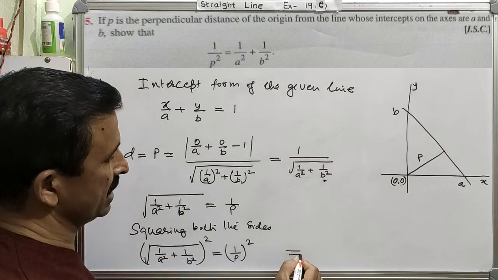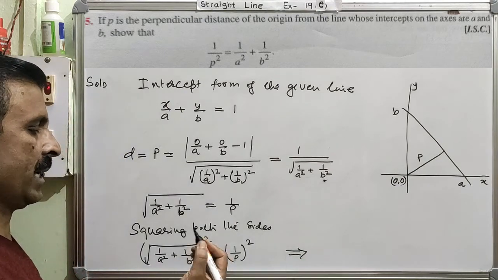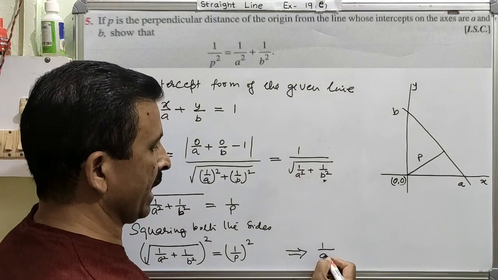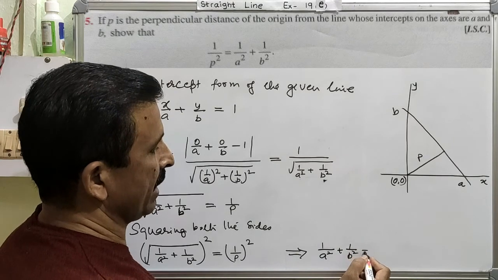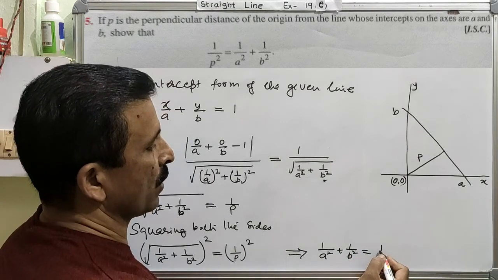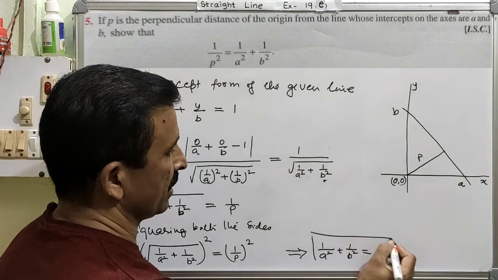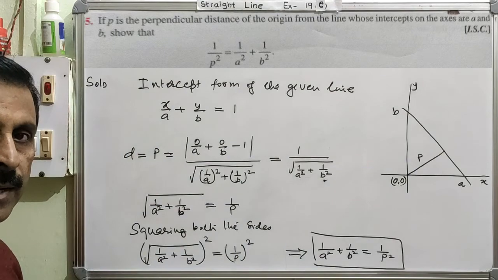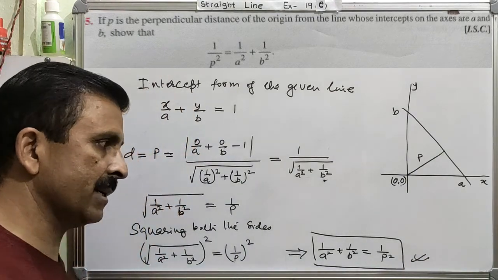So finally, this square and this root sign will cancel. On the left hand side you will get 1 over A square plus 1 over B square, and the right hand side will become 1 over P square. Now this is your result. Is it very clear? So this way we verified the statement. The statement is true.